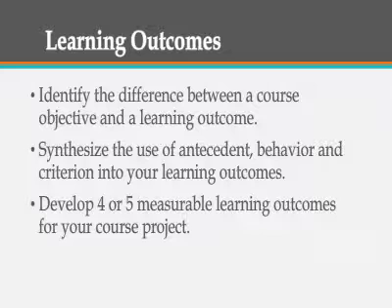The second learning outcome is, at the end of this lesson, I hope that you'll be able to synthesize the use of an antecedent, a behavior, and criterion into each one of your learning outcomes. And then finally, I hope that you'll not only develop 4 or 5 measurable learning outcomes for your course project, but will also take that to the next step, which is to integrate it using action verbs.